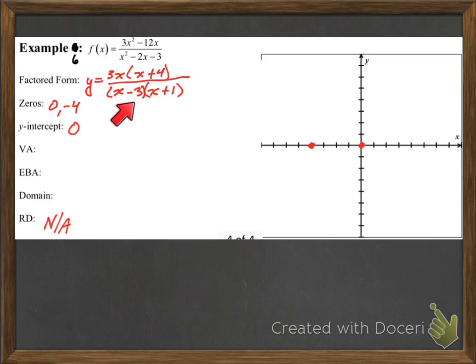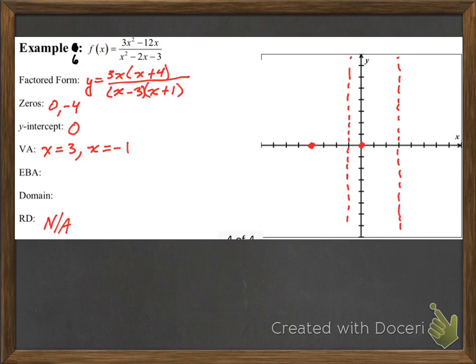Vertical asymptote we get from the denominator, so x equals 3 would cause your denominator to be 0, and so would x equals -1. So -1 we have right here, and x equals 3 will be located over here. All right, so the end behavior asymptote, the degree of the numerator is 2, so is the denominator.